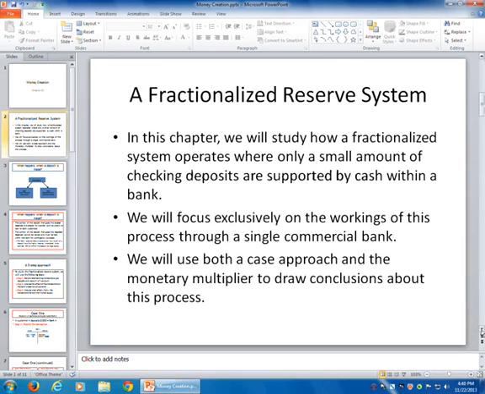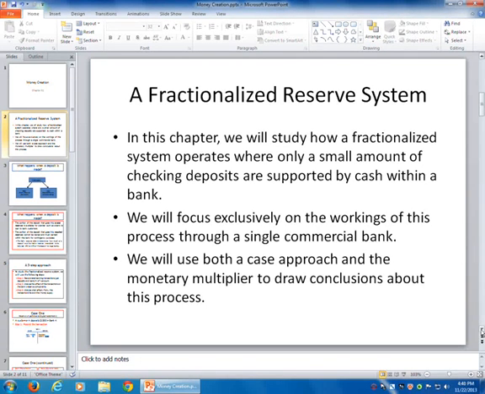The banking system in the United States is organized on a fractionalized basis, which basically means that you will have a relatively small amount of cash in a bank at a given time, supporting a larger amount of checking account activity. So a fraction of dollars are available to support the amount of deposits in a given bank. And we're going to look at how that process works.